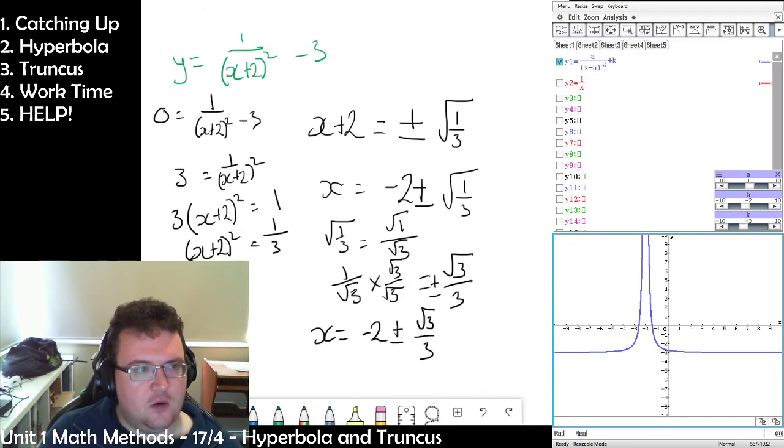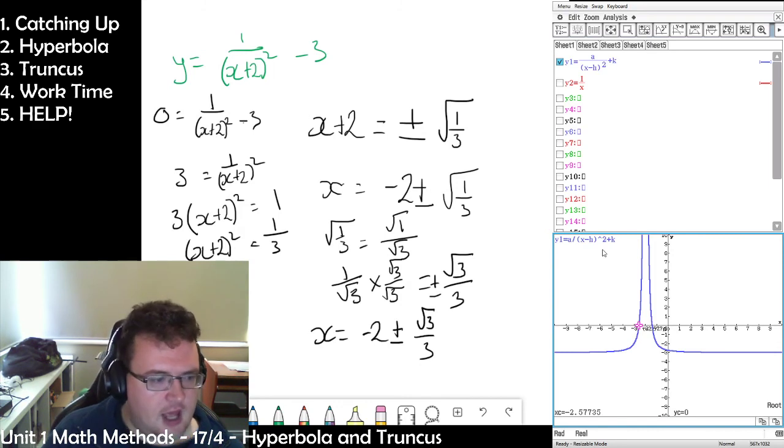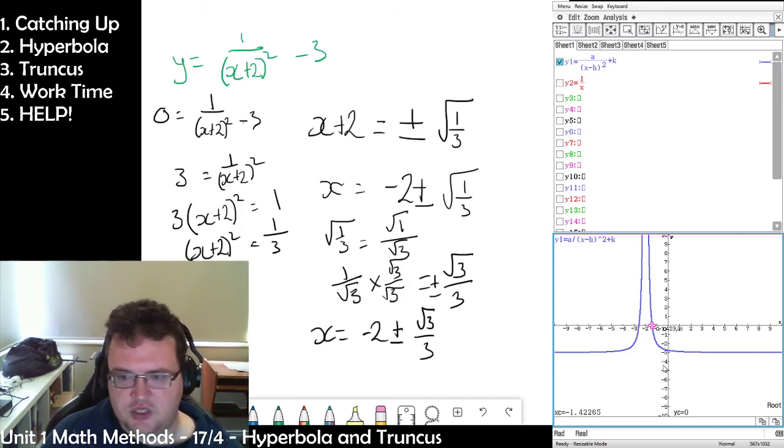And if we check our answers on our CAS G-Solve, we have negative 2.57735 and negative 1.42265.